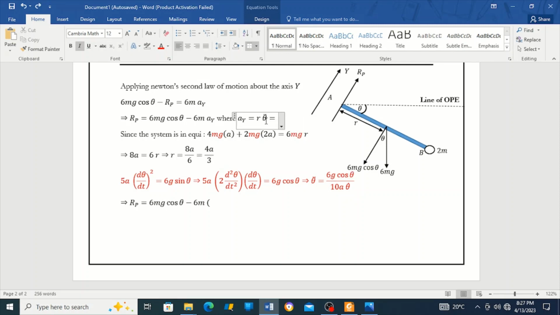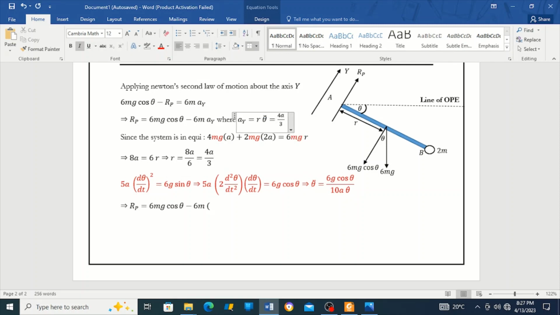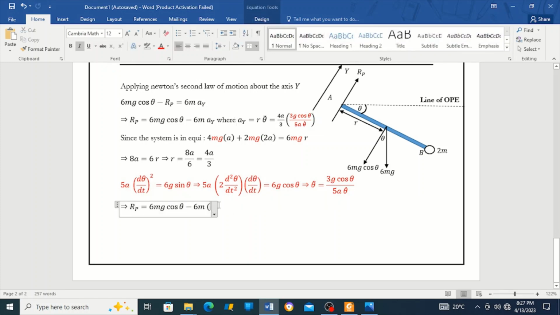Our arrow is 4a on 3 times our theta dot is this guy here. We can even simplify. 2 can go here 3 times and 2 can go here 5 times. So that's what we are replacing, so we have all of this.